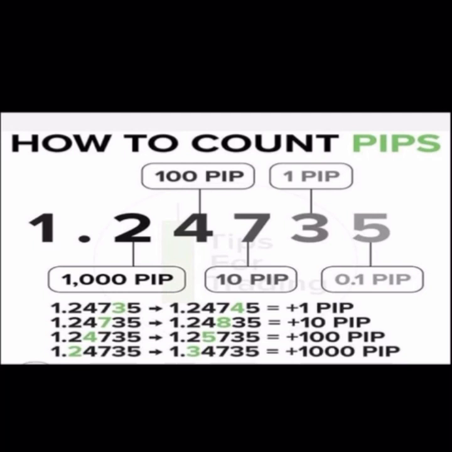The second decimal place is 100 pips. The third one is 10. The fourth one is 1 pip. The last one is 0.1 pips. Anything after the fifth one is called a piplet, spelled P-I-P-L-E-T.